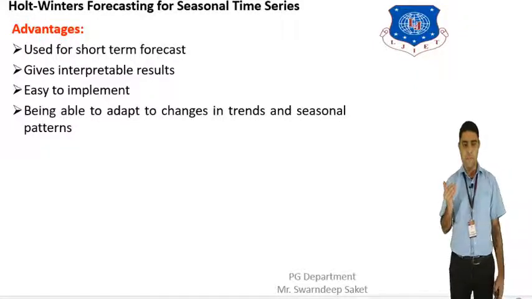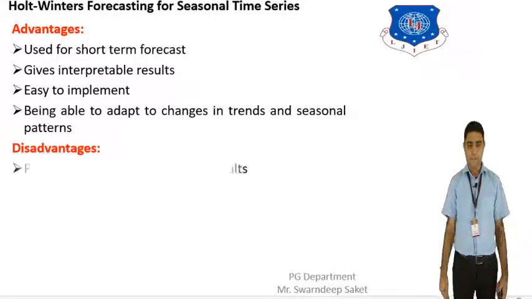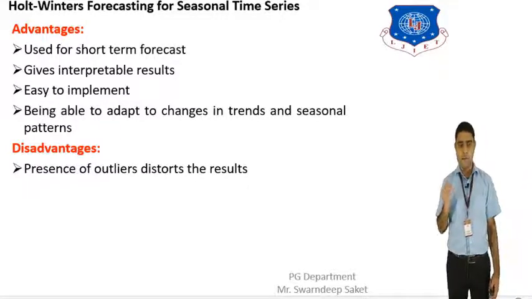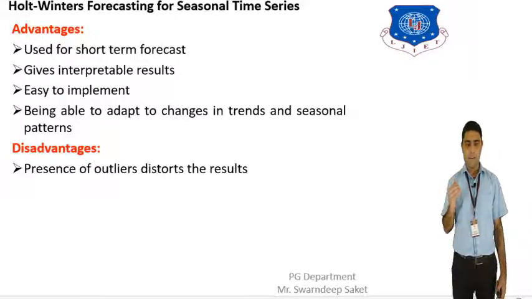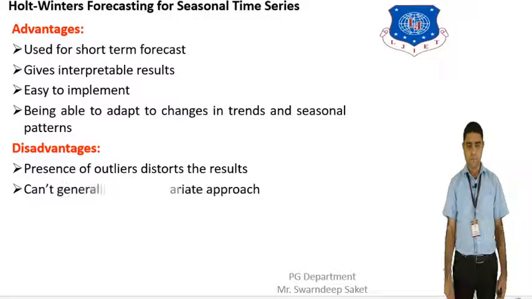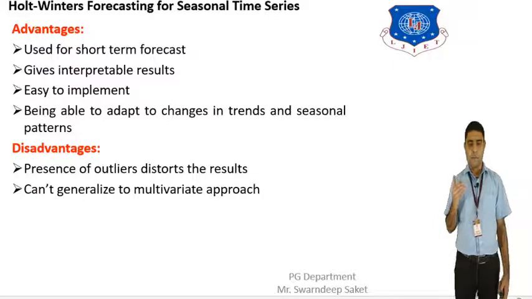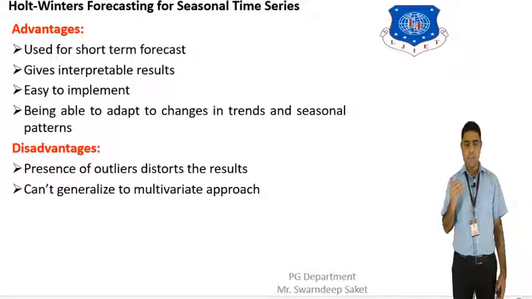Now the disadvantages or demerits of Holt-Winters forecasting for time series data. First disadvantage is that the presence of outliers distorts the result. If outliers are present, meaning data points lying outside the grouping of data, then we have to remove that outlier, otherwise it will disturb the result. Second, it can't generalize to a multivariate approach. This method does not work properly for multivariate data; it can basically be used in the simple approach.